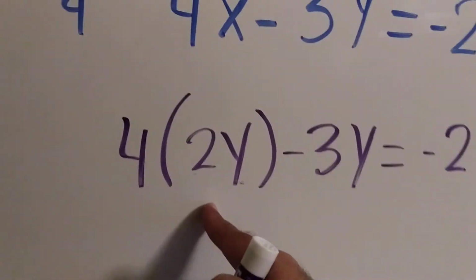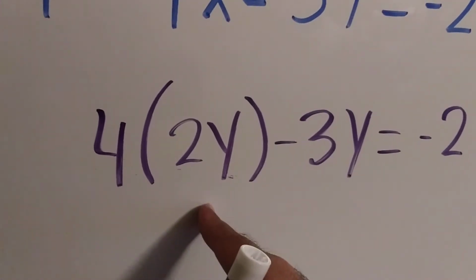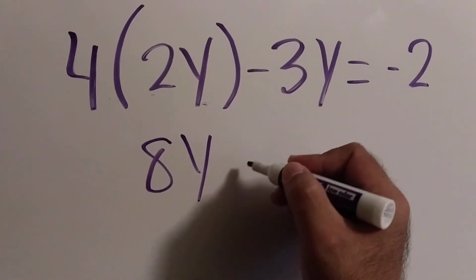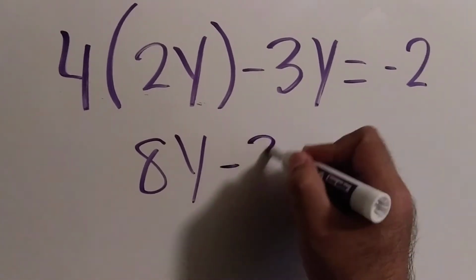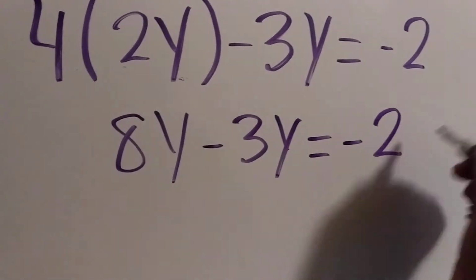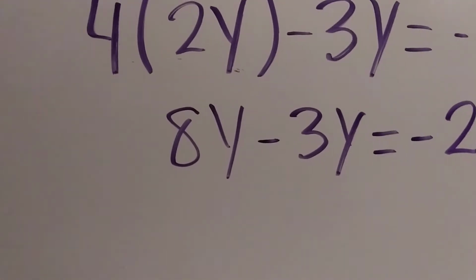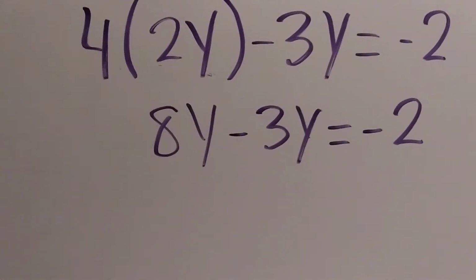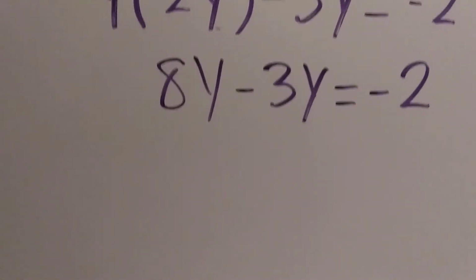So now we proceed with distributing that 4 into the parentheses. So it gives us 8y minus 3y equals negative 2. And we proceed in solving it, correct? So what is 8y minus 3y?